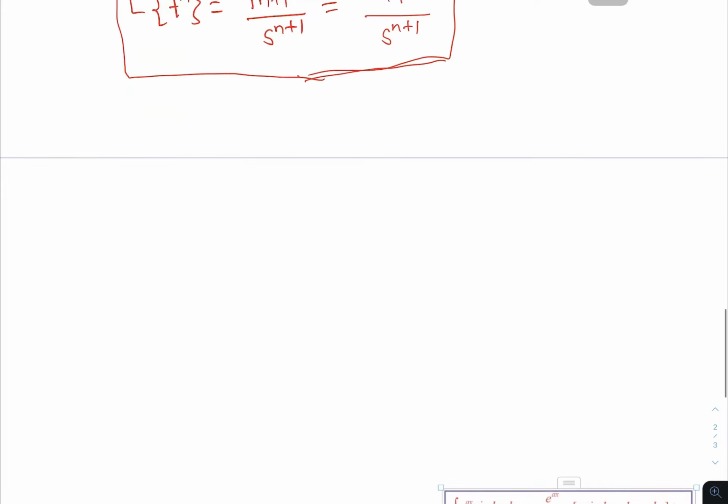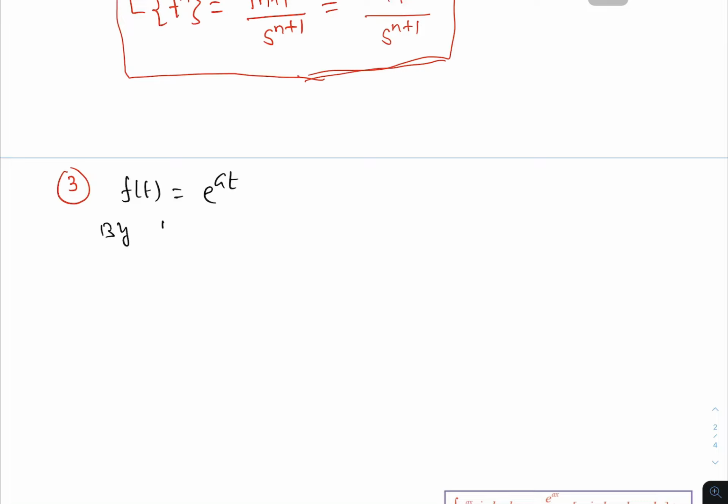The Laplace transformation of e to the power at. So f(t) is equal to e to the power at.